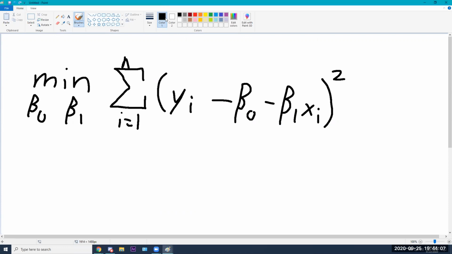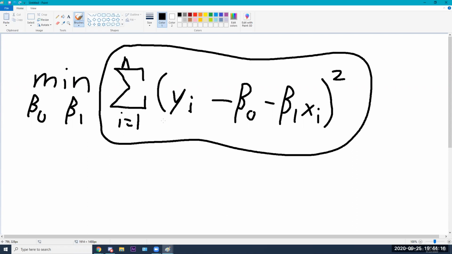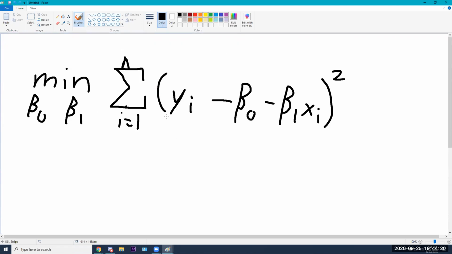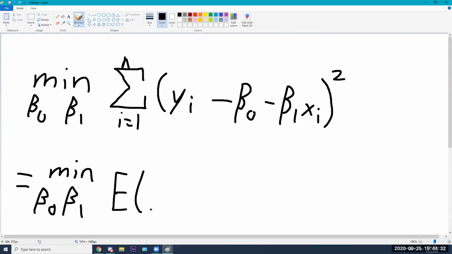And so now we're just going to rewrite this as our error function, right? So this whole thing, which is the sum of all the error terms squared, we're going to try to minimize. So minimizing over beta naught and beta 1 of capital E, right? And this is just our function for errors.